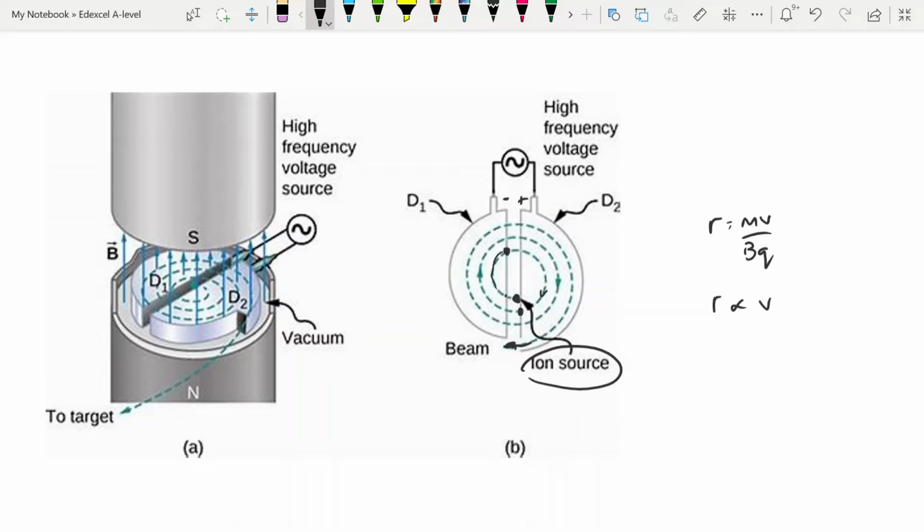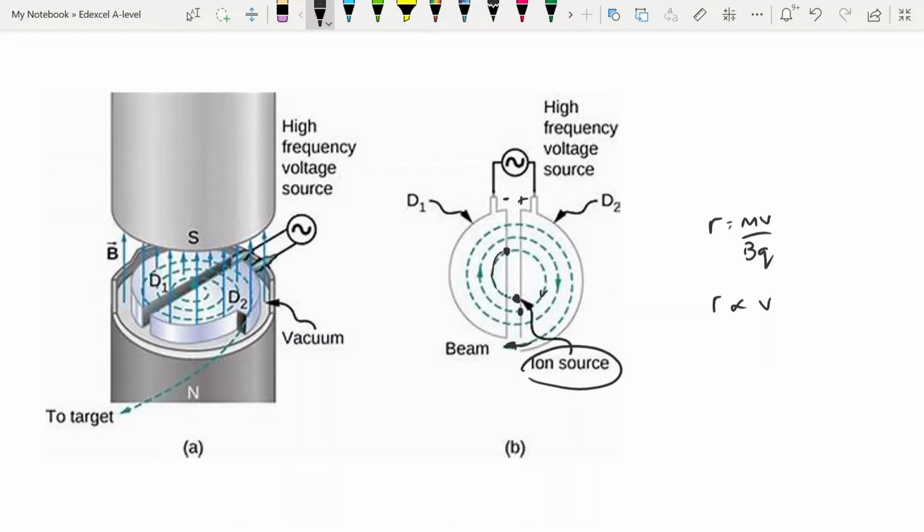The only problem with them is they only get up to 10 mega electron volts, because after 10 mega electron volts, the particles start to reach relativistic speeds. And we'll come back to this again. But once particles get above speeds of about 10^8 meters per second, they start to gain mass instead of gaining speed.